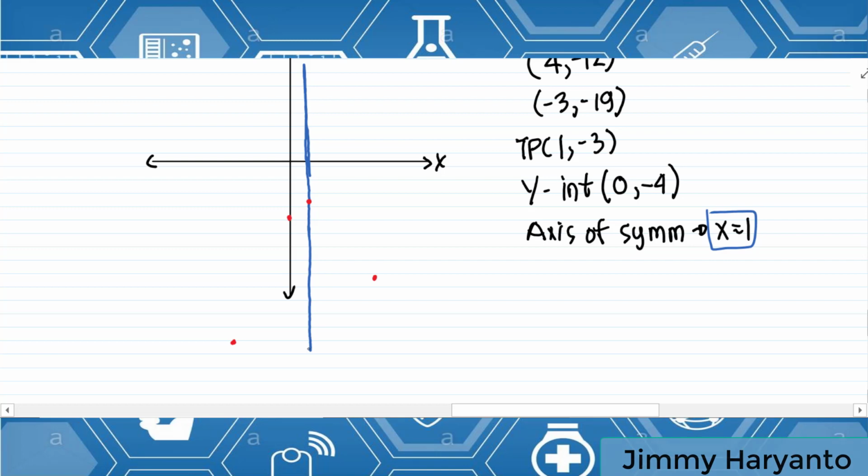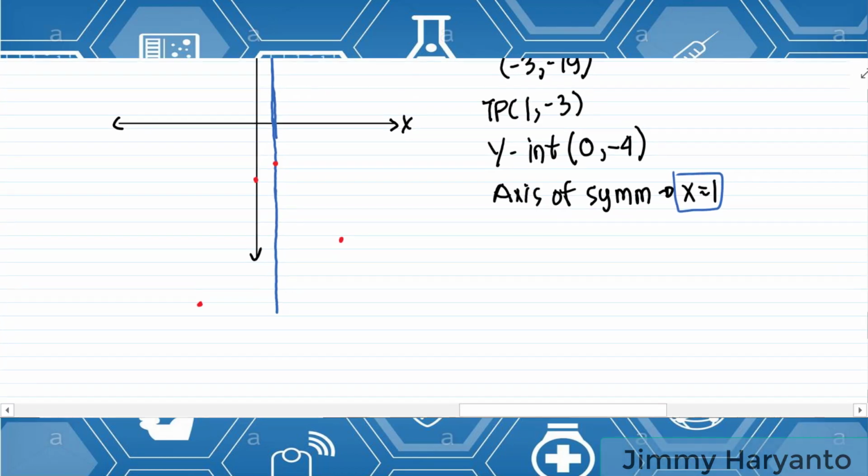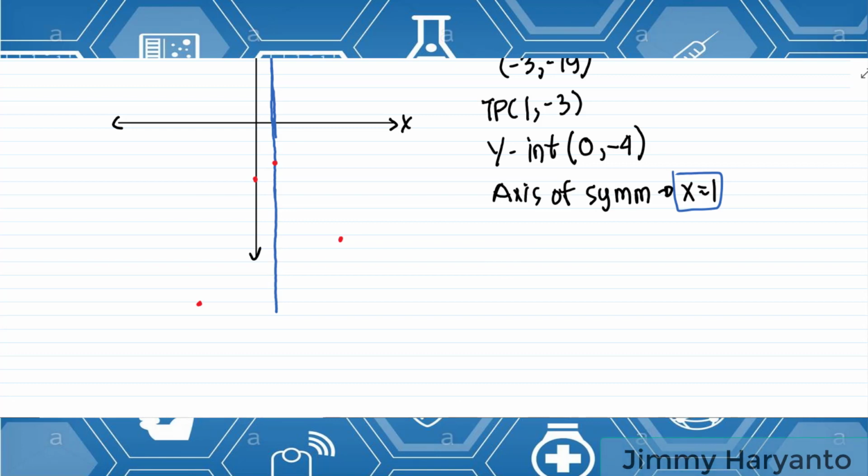What is the meaning of axis of symmetry? The axis of symmetry is the mirror of the curve. So it will be reflected perfectly if you try to reflect it. I will try to connect the dots first. If I connect the dots, it will be like this.